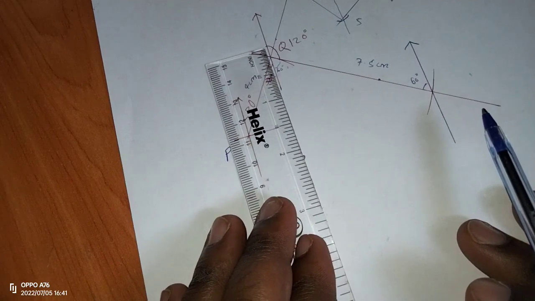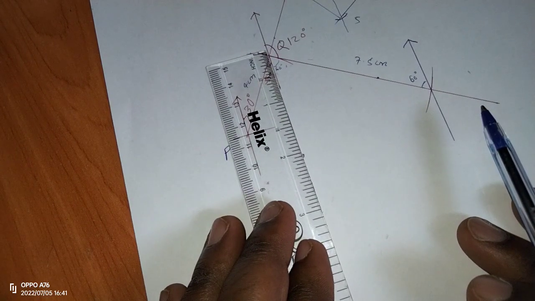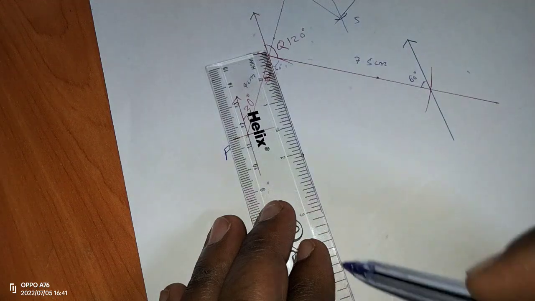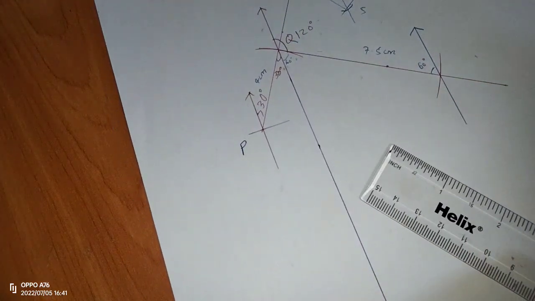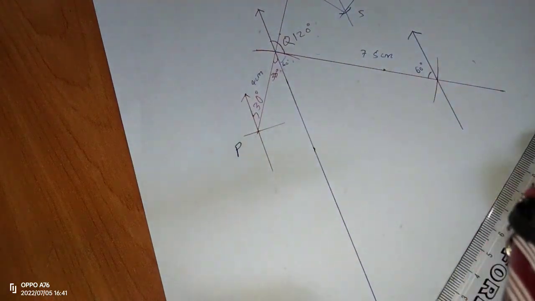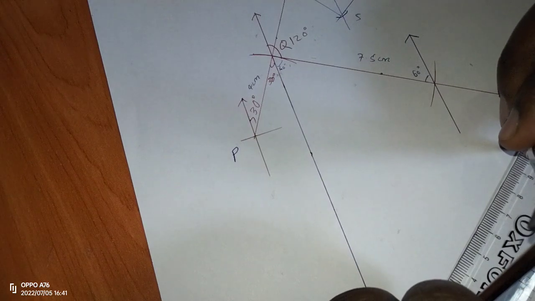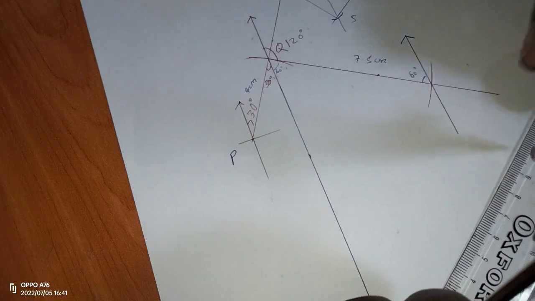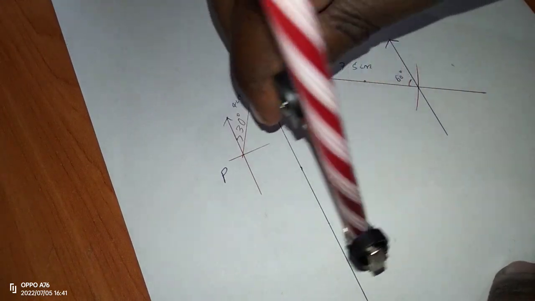So I will just prolong the compass line which is at Q. Then, using my compass, I will measure 10 centimeters instead of 1,000 kilometers, and I stand here and make the mark.